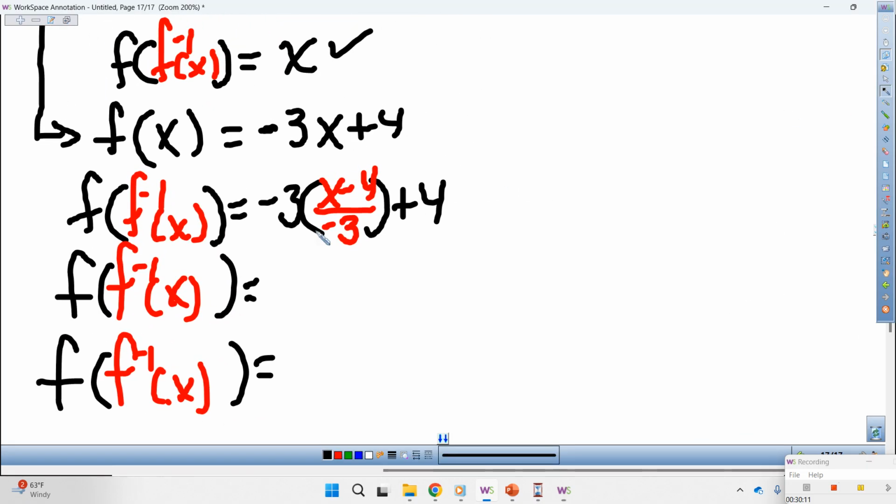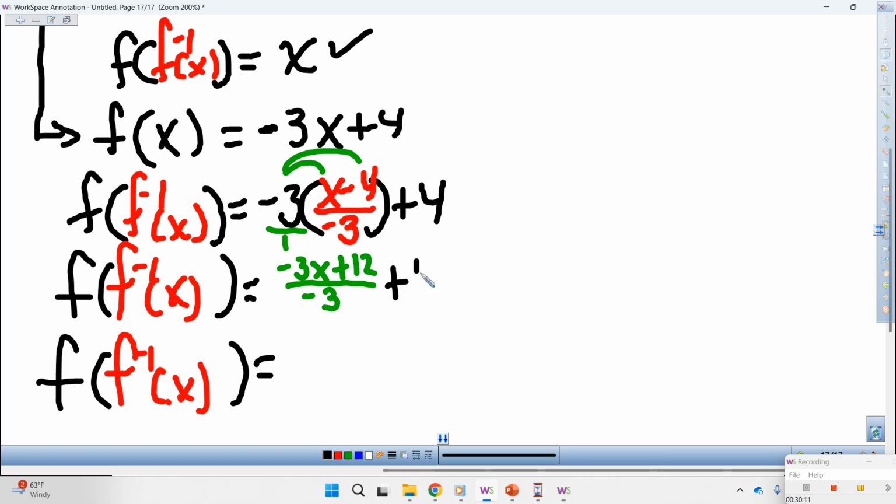Here we go. We need to distribute this -3 into the parentheses, yes? So put the -3 over 1. Distribute -3 here and -3 here. And that gives us what? -3x. -3 times -4 is positive 12 over 1 times -3 is -3.